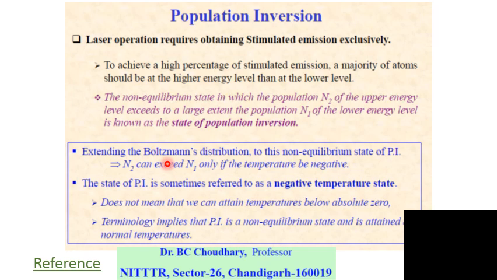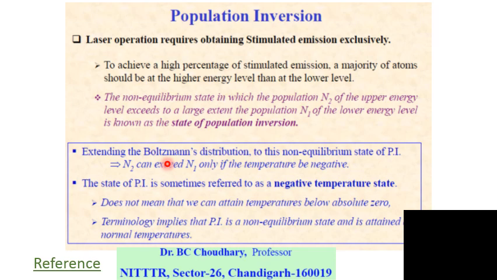When we increase the temperature, the electrons from the lower energy level get energy and pop up to the upper energy level. By this movement of atoms or electrons to the upper energy level, we are able to get population inversion, and then we have maximum chances of attaining stimulated emission. So to attain population inversion, a non-equilibrium condition is required.